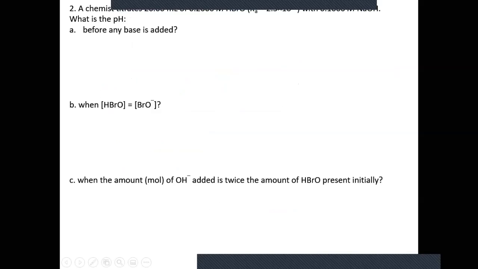So one more example here, and then we'll move on. We want, again, we're titrating 20 milliliters of 0.2 molar hypobromous acid solution with 0.1 molar sodium hydroxide. What's the pH before any base is added?